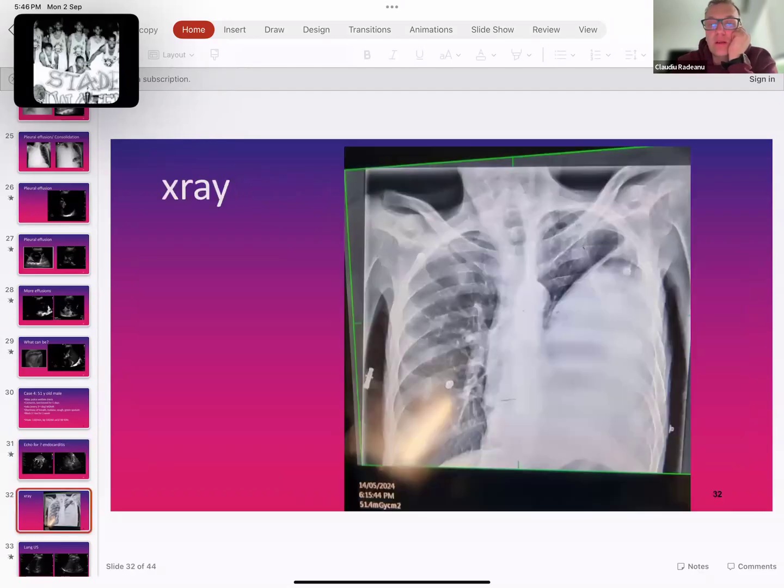He had a chest X-ray that looks like this. Does anyone have a suspicion what it might be? On this chest X-ray, it looks like a pleural effusion.